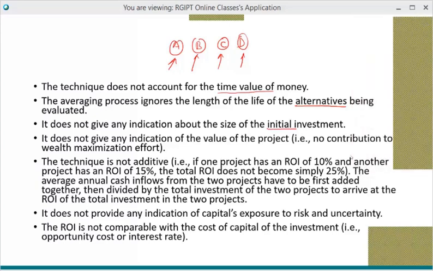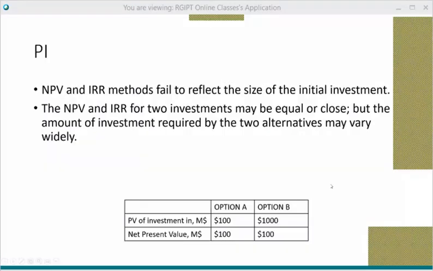So now let's talk about, okay, this is AROI we're talking about. Now, the next point is what you call PI, that is profitability index.